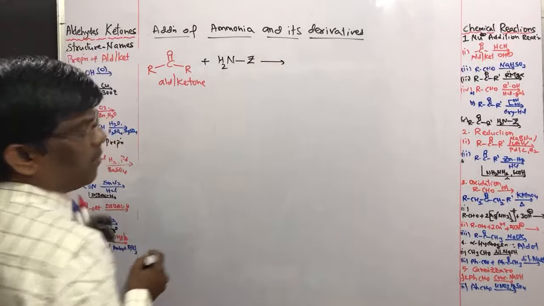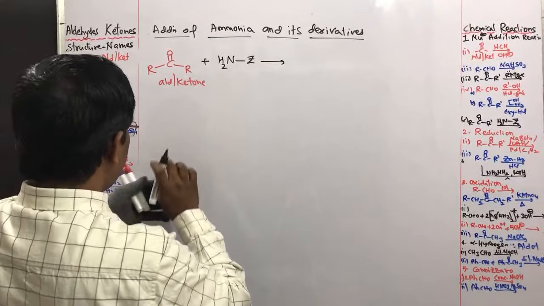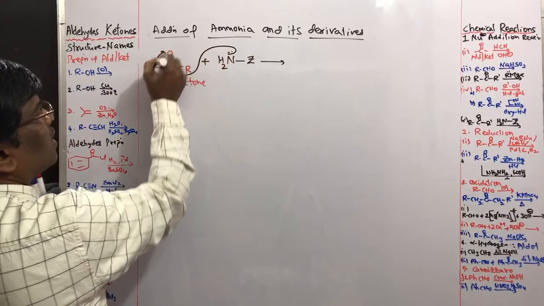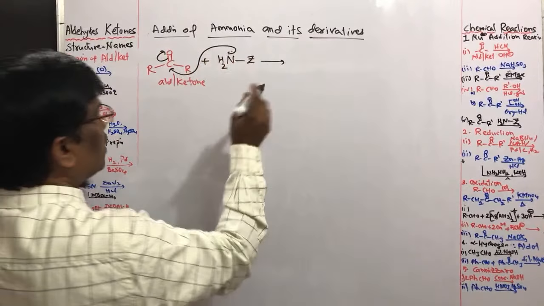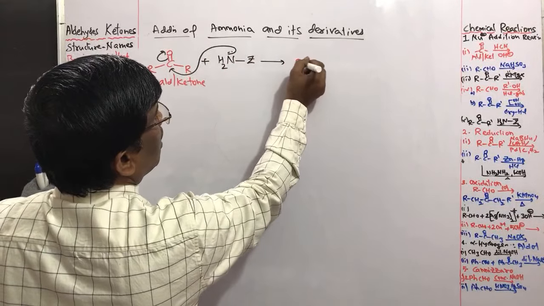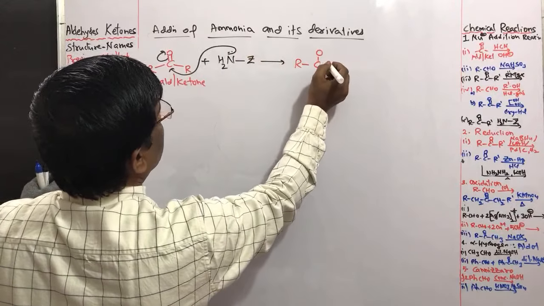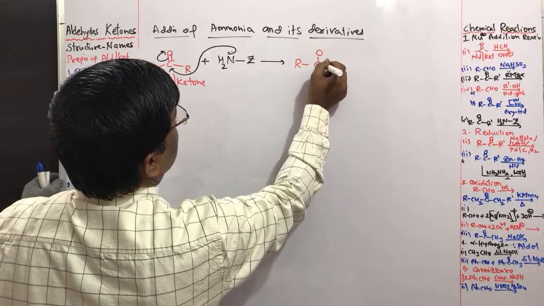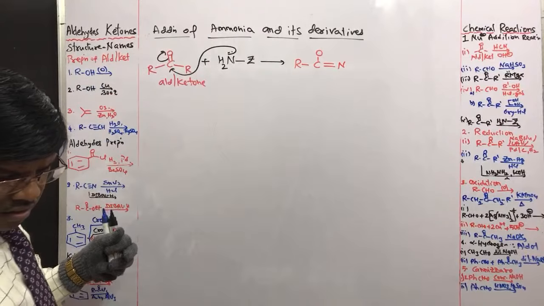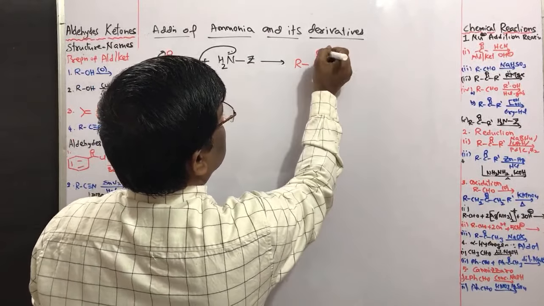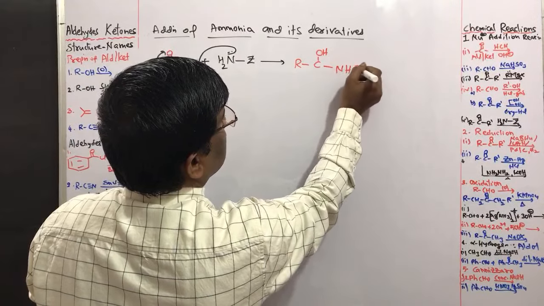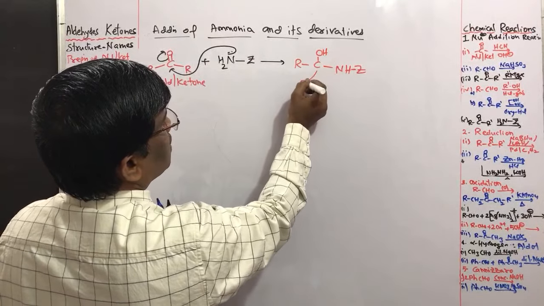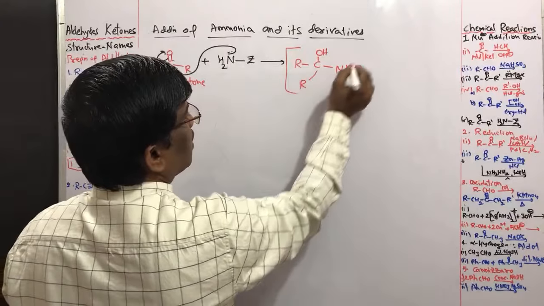When I treat it in presence of this amine, nitrogen is going to attack this carbonyl carbon, polarizing this oxygen to give R, O, NHZ, and R group is already here, and this intermediate is not going to be stable.